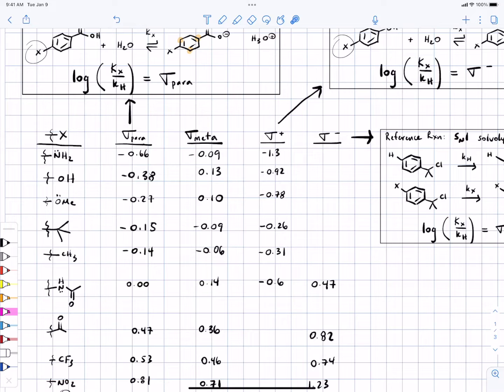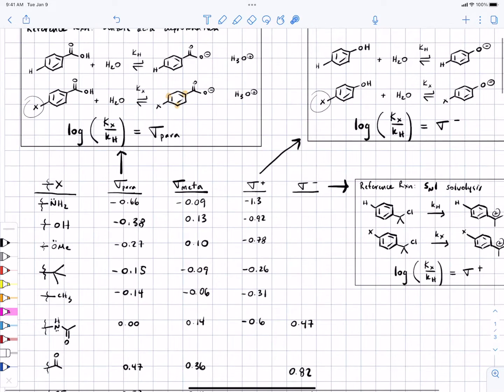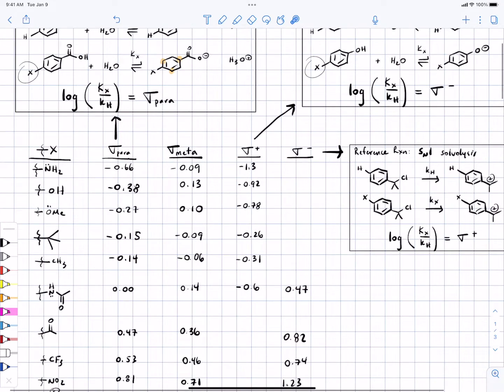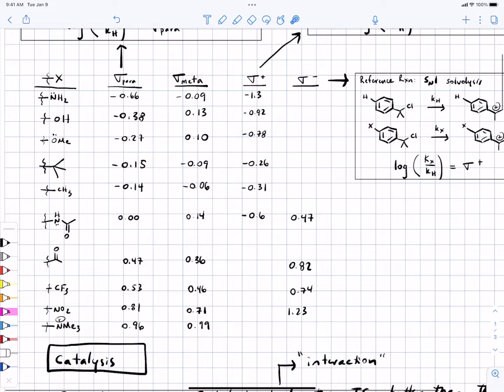Notice that inductive donors also disfavor the deprotonation by similar amounts. And then the withdrawing groups tend to be about the same or better at the meta position.